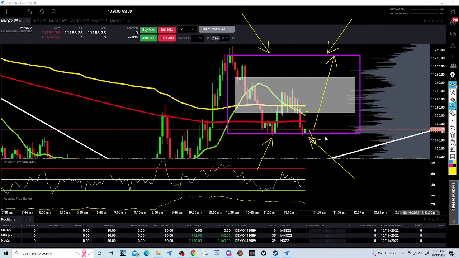So this is just how you would identify a possible range in a live market. You would want price to come down and back up to test that range.